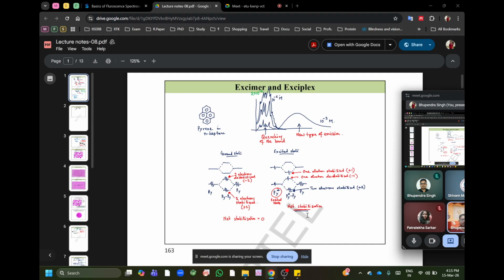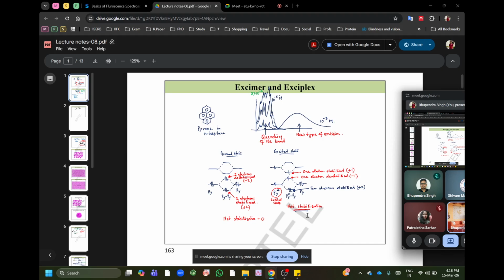I should not say bond order; I should say the net stabilization will be there. Net stabilization should not be 0. So that is why the dimer formation is there. Hence the dimer formation is happening in the excited state.